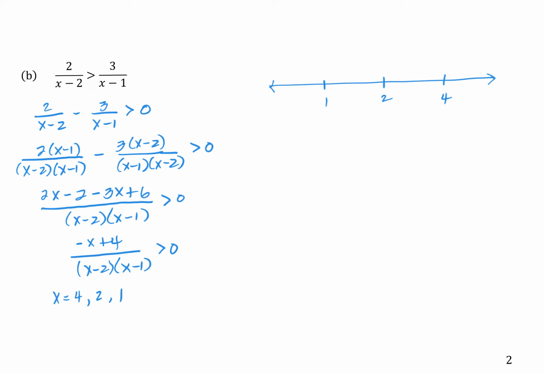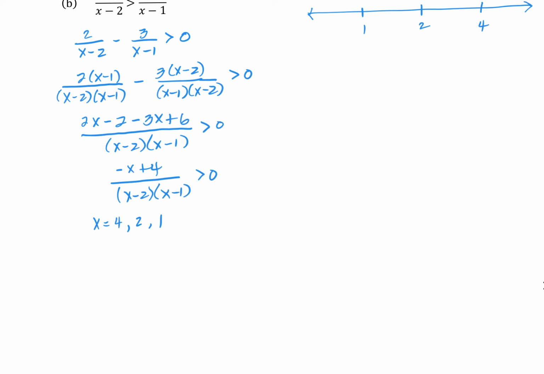So we have to test the endpoints, 1, 2, 4, before we write down our intervals. Notice that this is strictly greater than 0. So if I put in 4, I will have 0 on the left-hand side, but 0 is not greater than 0. So I can't use 4. And then 2 and 1 will give me an undefined denominator, so I can't use those.